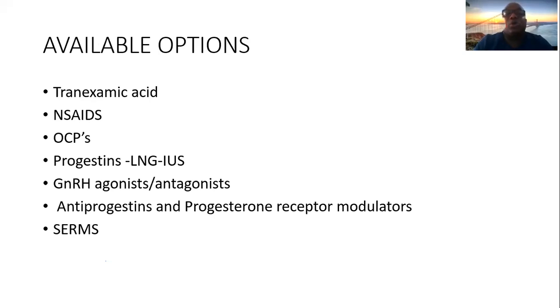These are also commonly used. And then we also give the progestins, like the long-acting progestins, like the Mirena intrauterine device. We also have GnRH agonists and antagonists, and other medications given include anti-progesterones and progesterone receptor modulators.